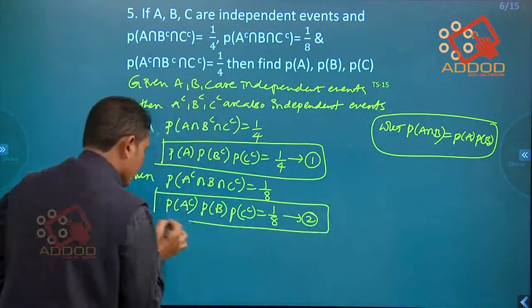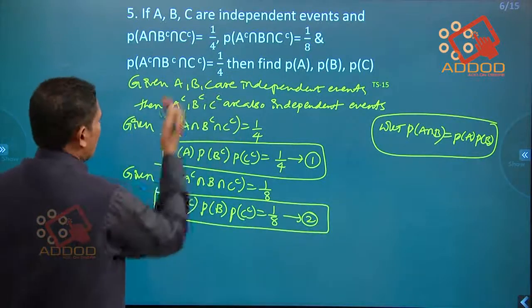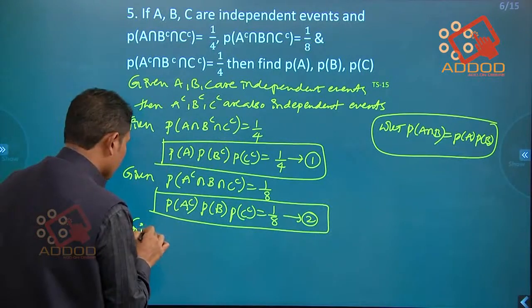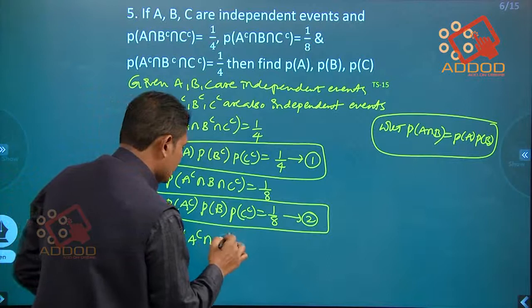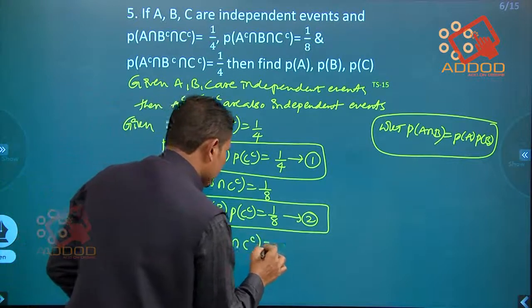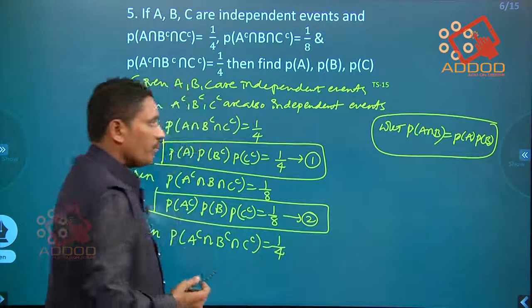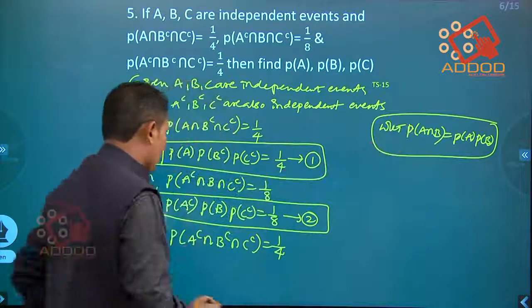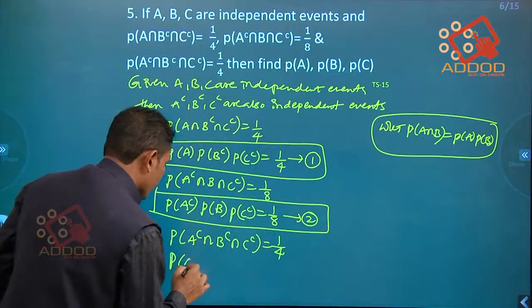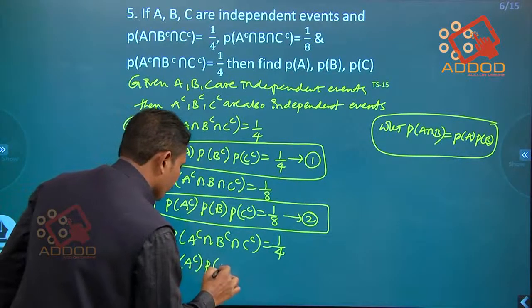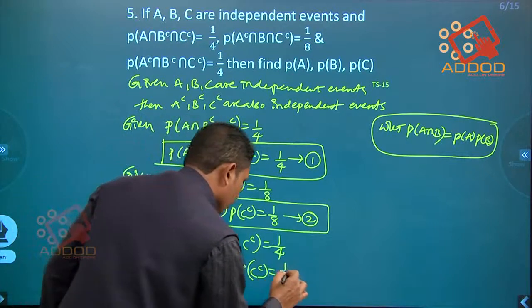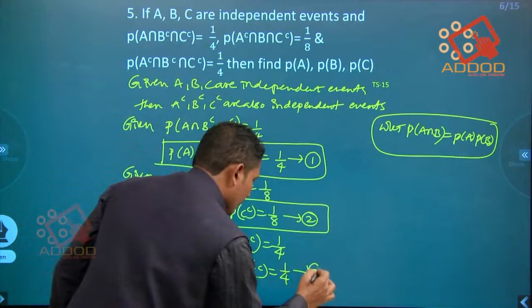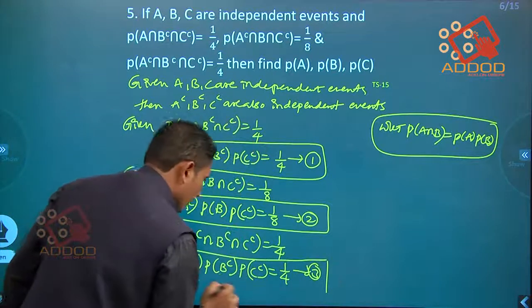The third value given is P of A complement intersection B complement intersection C complement is equal to 1 by 4. Using the formula, P of A complement into P of B complement into P of C complement is equal to 1 by 4, denoted as equation number 3.